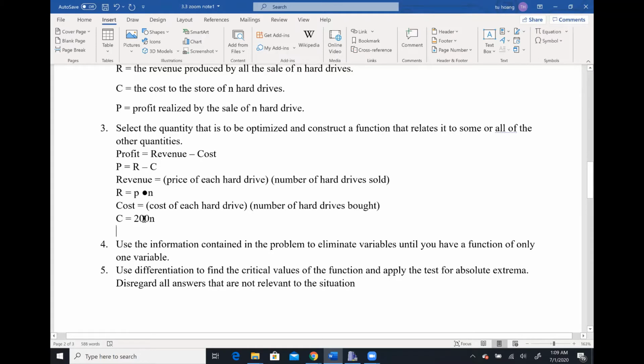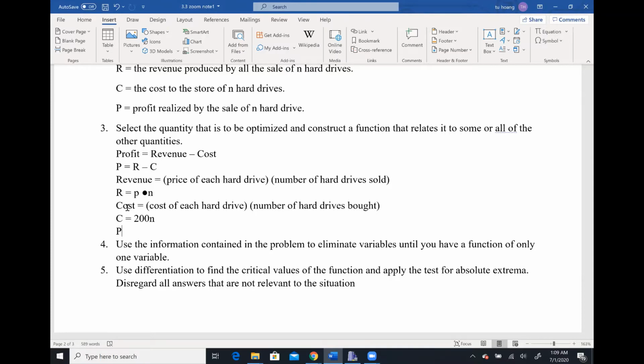Constructing, actually I'm going to substitute R and C here into P, so I can have a function for the quantity that is to be optimized, and construct a function and relate it to all the other ones.